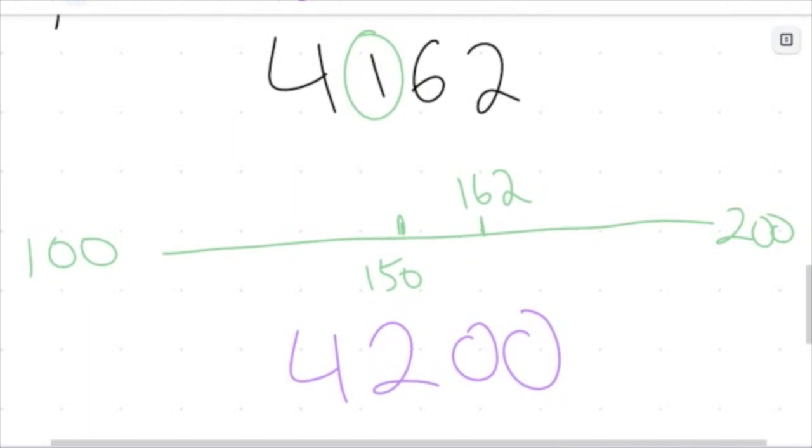Now, let's look at how this applies to our multiplications or any operations we're doing here. What we're going to do here is we're not going to be as specific as we were before. We're going to round and estimate with our operations.